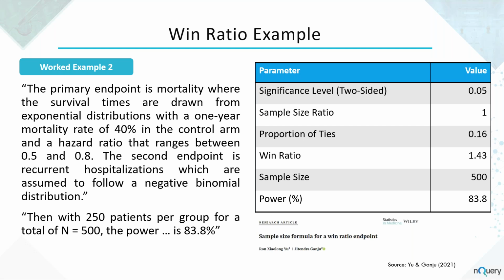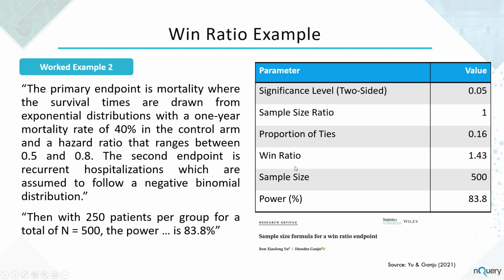The parameters of that gamma distribution were chosen such that the resulting gamma-Poisson mixture of event times was negatively binomially distributed with the desired mean event rates and dispersion parameters, which affected the number of ties. Okay, so that's probably enough on that. Just from a sample size perspective before we move on, we'll quickly note that they found a requirement of 250 patients per group, and that resulted in a power of 83.8.